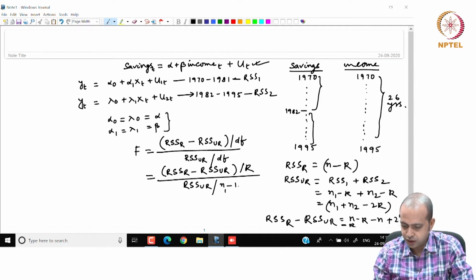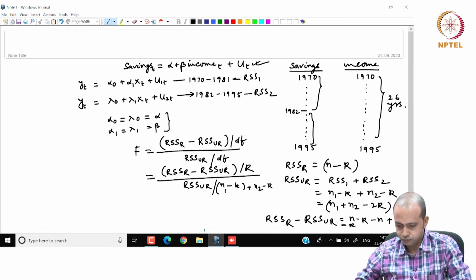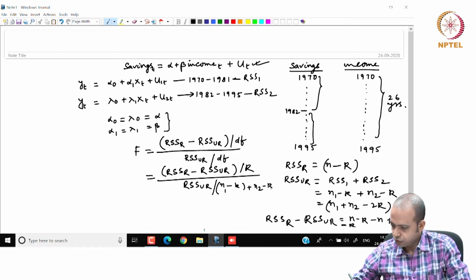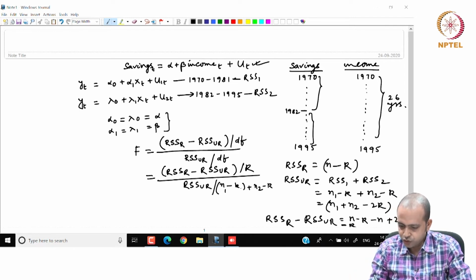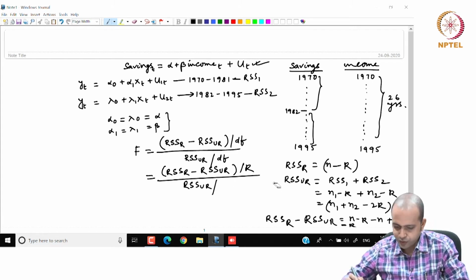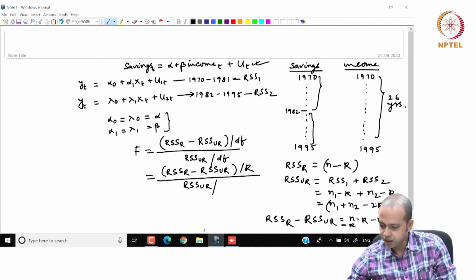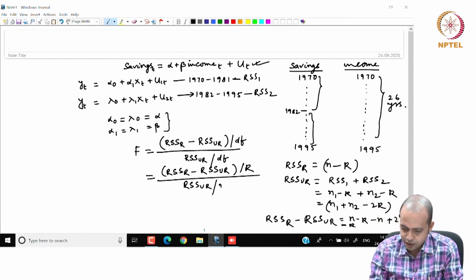So, as I said, n 1 plus n 2 minus 2k. You can directly write the unrestricted degrees of freedom as n 1 plus n 2 minus 2k.